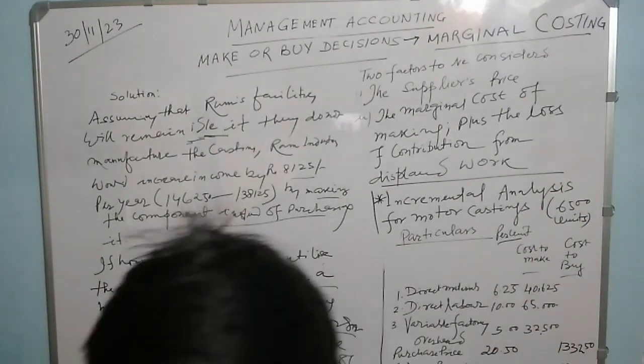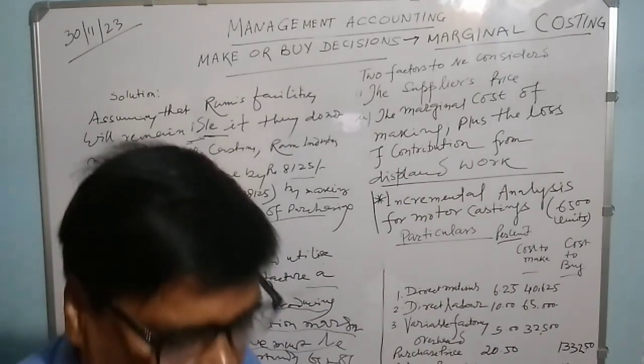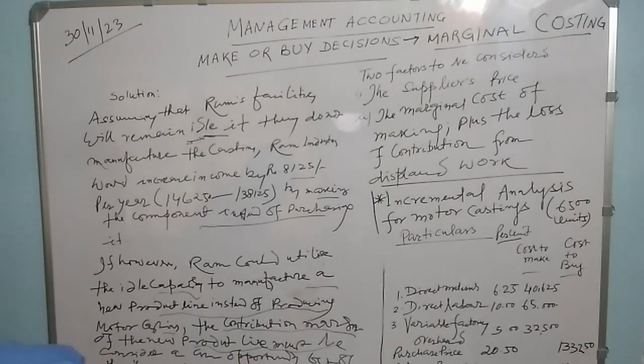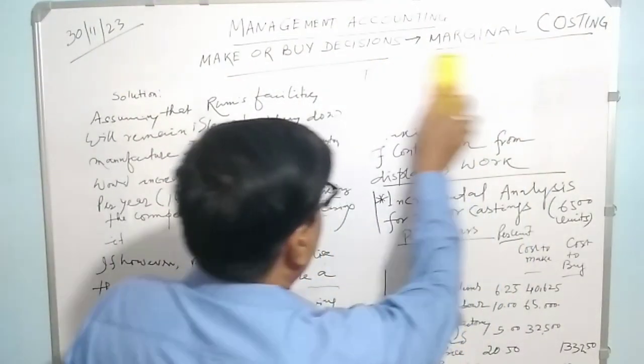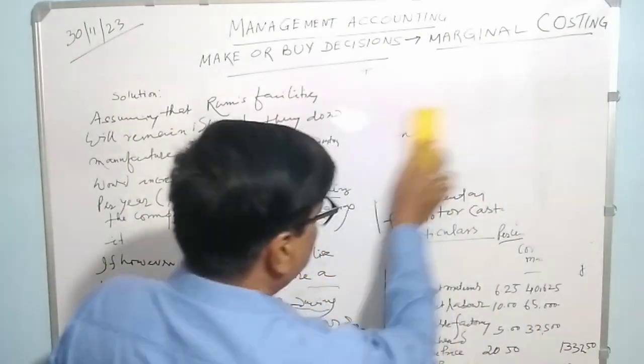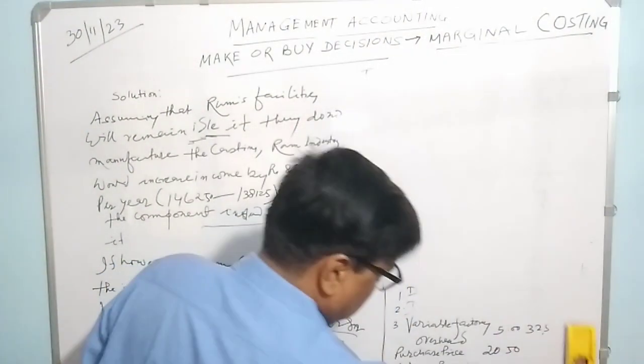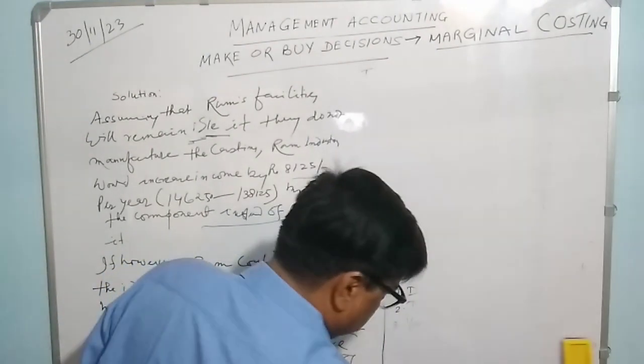So what is that thing? That will be given, and in our another example part, for that new product line of Ram Industries.